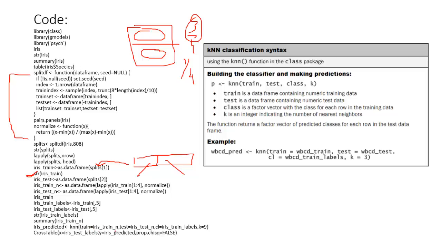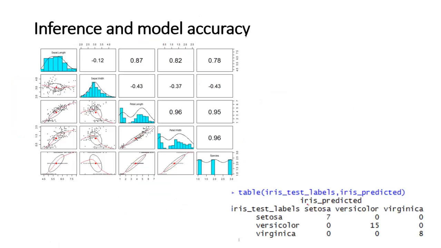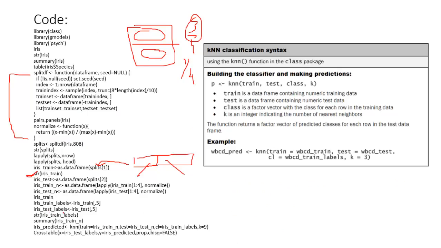For assessing the accuracy I have used a cross table. It shows the result in the form of this table. I have predicted this, and I have the iris test labels, which I stored earlier.